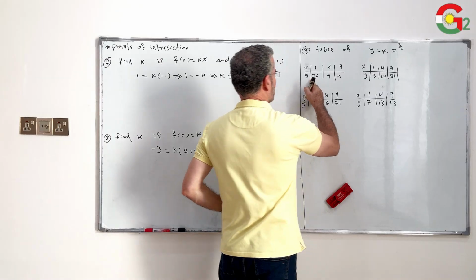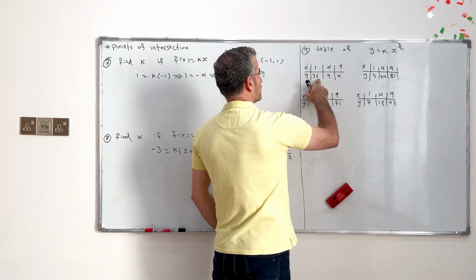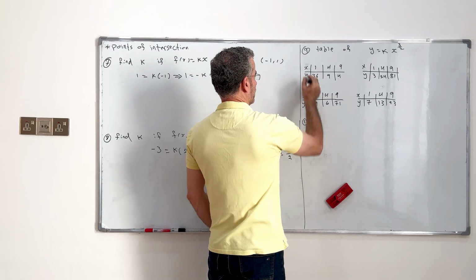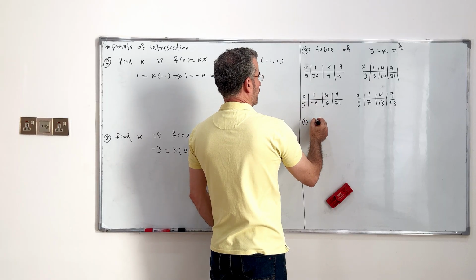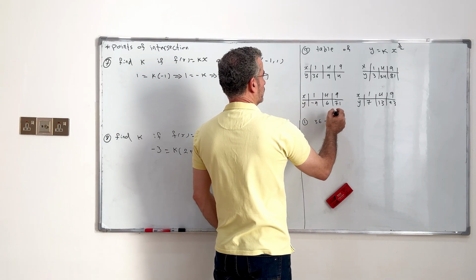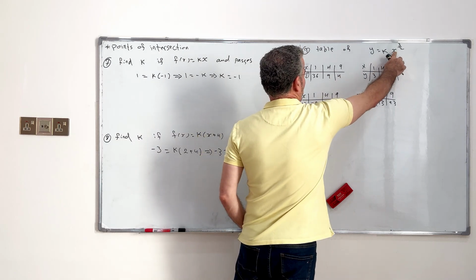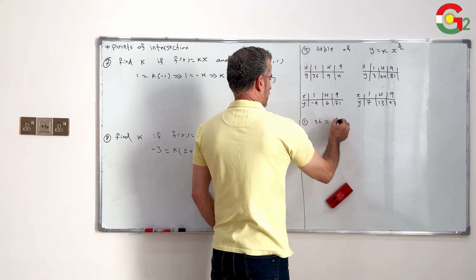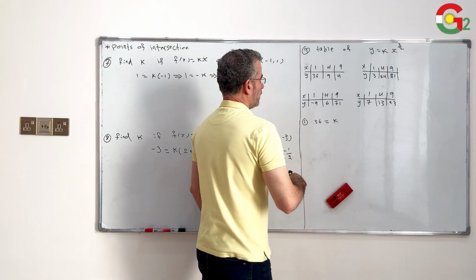For the first table, when y equals 36, x equals 1, then 36 equals k times 1 to the power 3 over 2. Substituting x with 1, 1 to the power 3 over 2 is 1, then k equals 36.